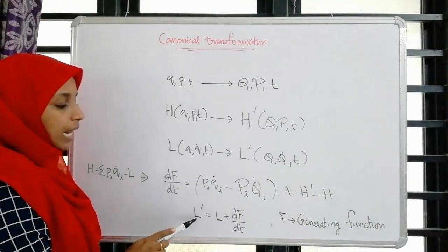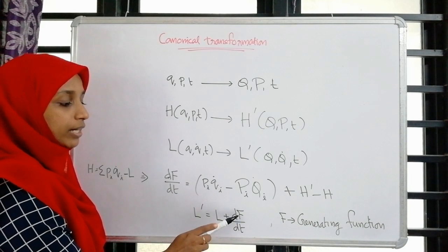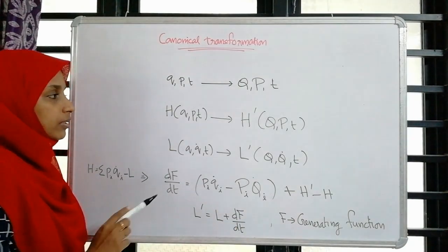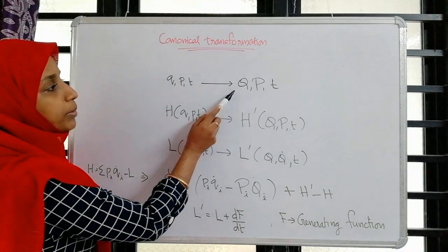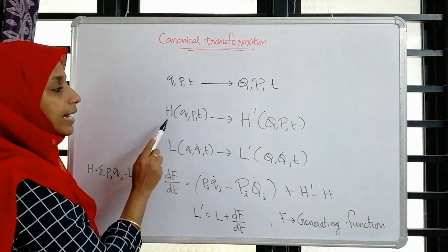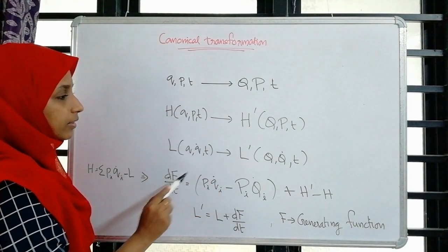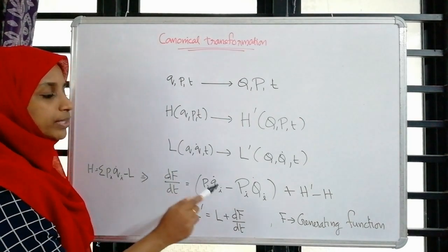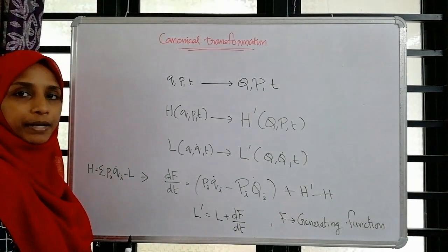In this, L prime will be equal to L plus dF by dt, where F we know is the generating function. So the old set of coordinates q, p, t has been transformed into capital Q, P, t, and H into H prime, L into L prime, where the transformation is represented by dF by dt, which is the difference between H and H prime, or L and L prime.